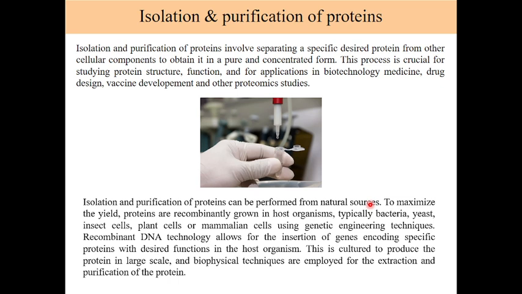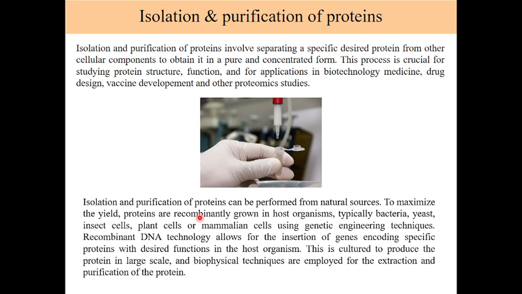Therefore, to maximize the yield, we create recombinant proteins. These recombinant proteins are genetically engineered and prepared in host organisms. The host organism can be a bacteria, yeast, insect cells, plant cells, or mammalian cells, based on your requirement and the requirement of the protein.